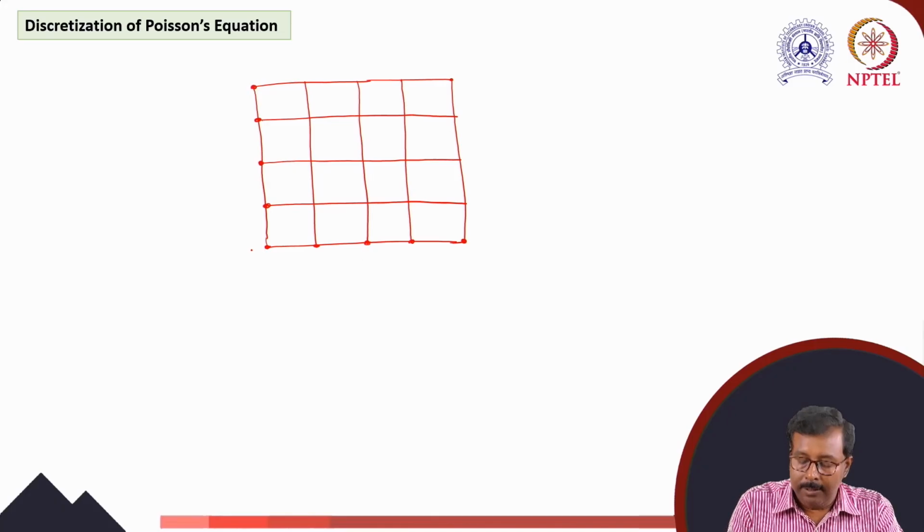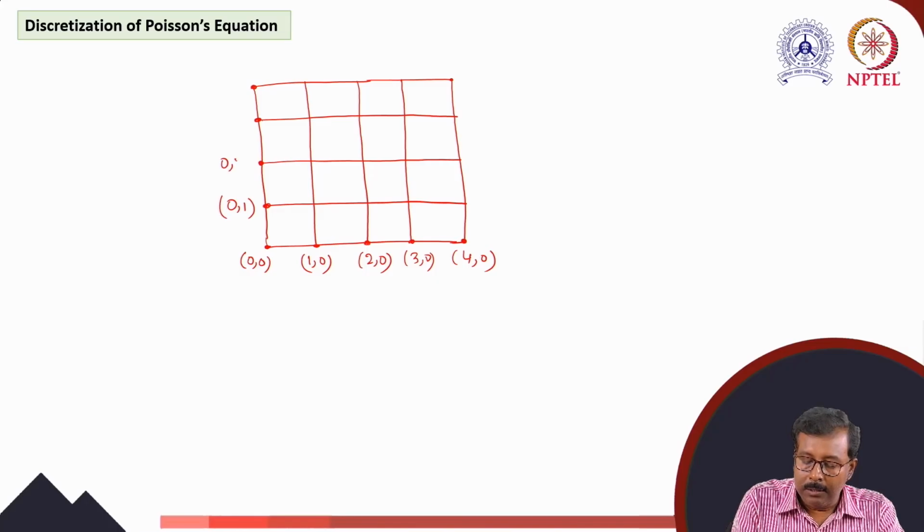This point is say 0 0, this is 1 0, this is 2 0, this is 3 0, this is 4 0, this is 0 1, 0 2, 0 3, 0 4.